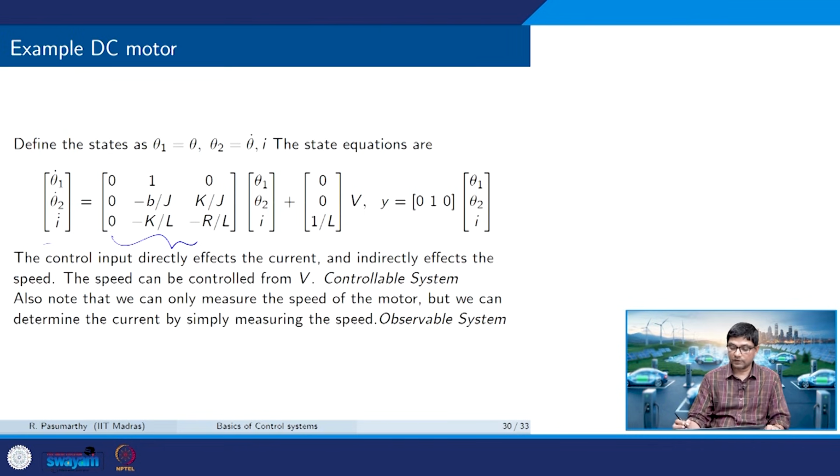The other day we argued that with the help of controlling the current and the inherent coupling between the current and theta 2 dot through these cross terms, and the inherent coupling between theta 2 and theta 1, I should be able to control theta 1, the position. I should be able to control the angular velocity just by controlling the current. We will also verify this mathematically.